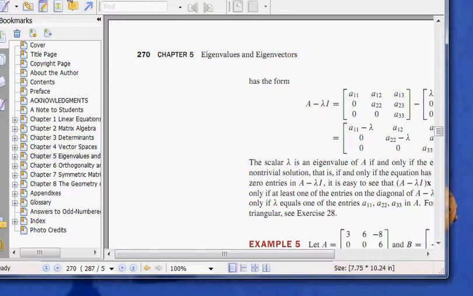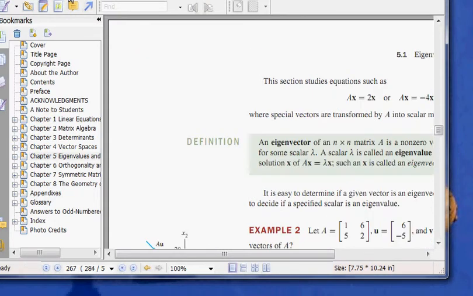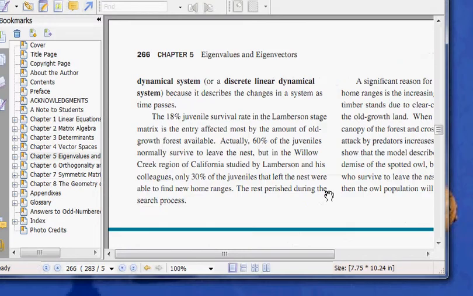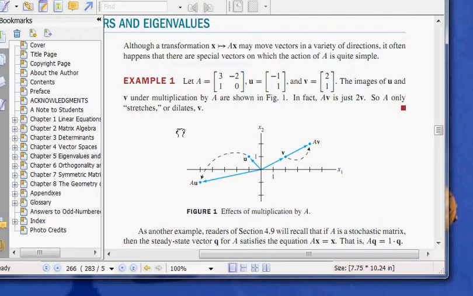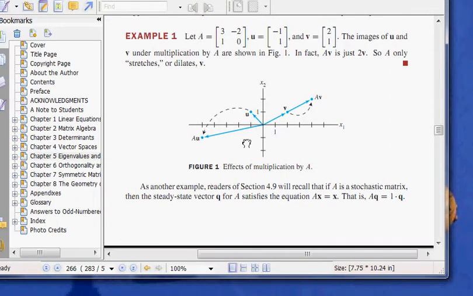Let me see if the text had it. As another example, readers of section 4.9 will recall that if A is a stochastic matrix, then the steady state vector q for A satisfies the equation Ax equals x.